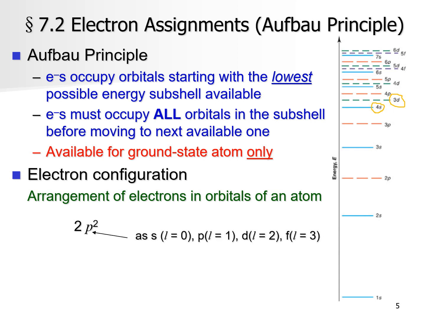Here I'd like to use 2p² as an example. p, as we already understand, is the letter designated for the value of l, the angular momentum quantum number. The coefficient 2 in front of the p is the principal quantum number. The superscript 2 in our symbol here indicates how many electrons are in the subshell.